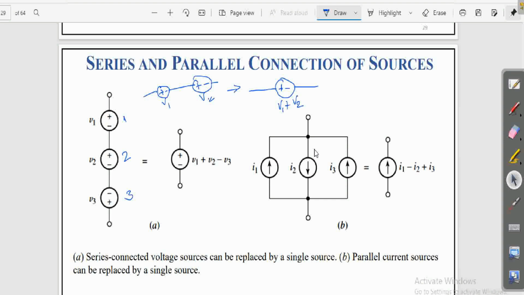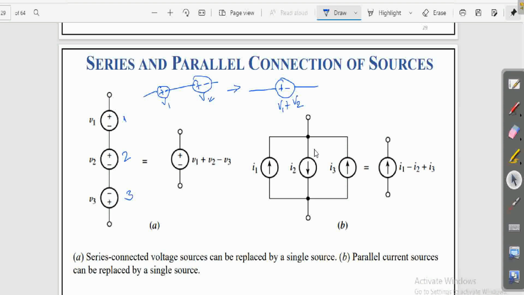Here the negative is connected to the positive. If the negative follows the positive, or the positive follows the negative, then we have to do addition.